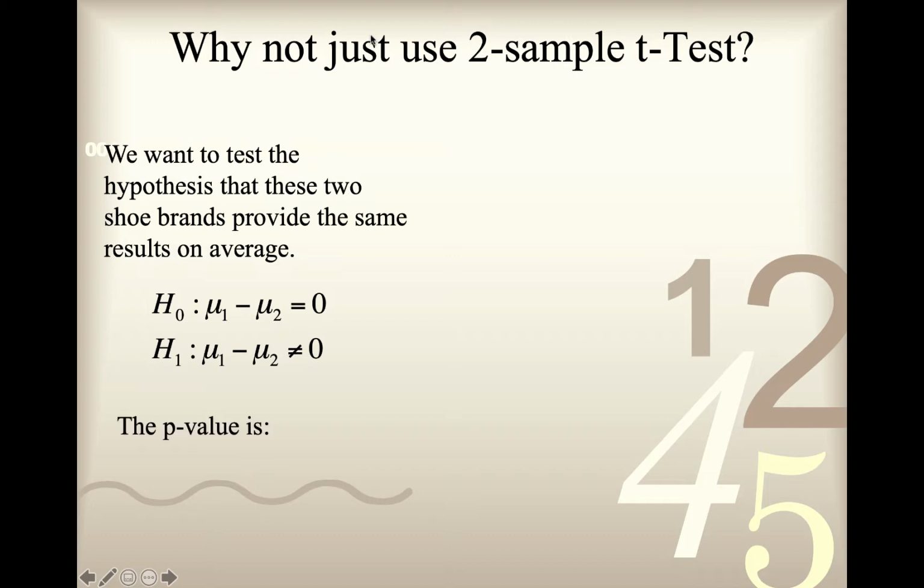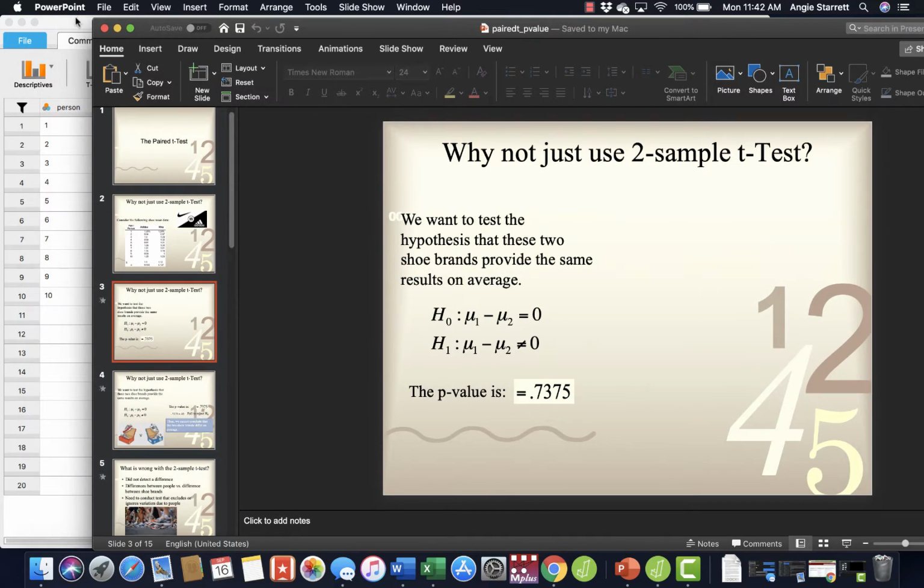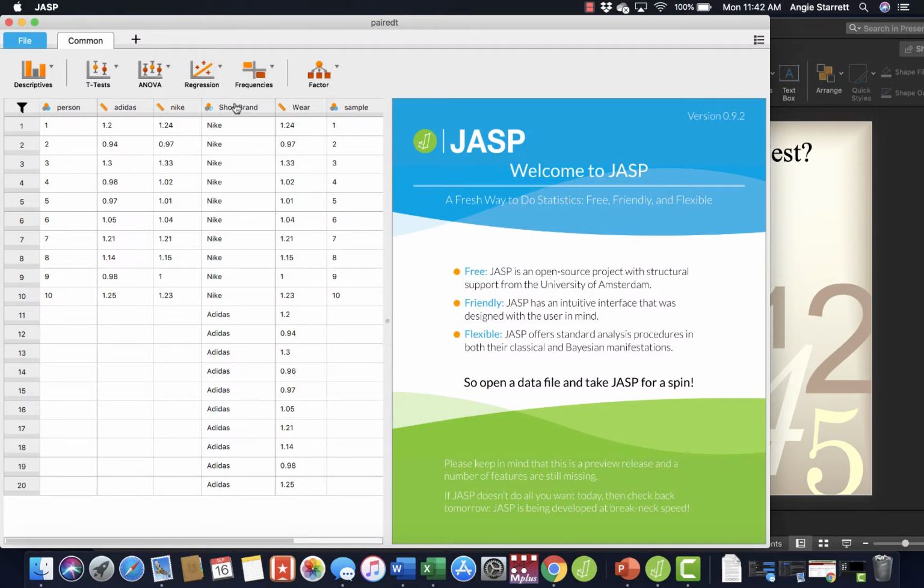Now we want to get our p-value, and here let me show you how to do that. You know how to do that already in JASP. Notice I've got the data as it appears in the PowerPoint, but to run an independent samples test in JASP, remember we need our categorical column and then our quantitative column.